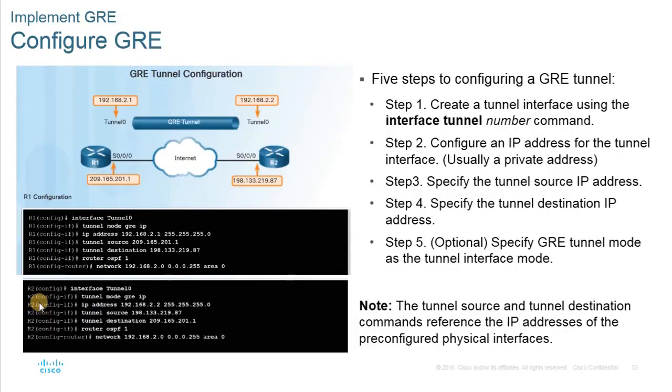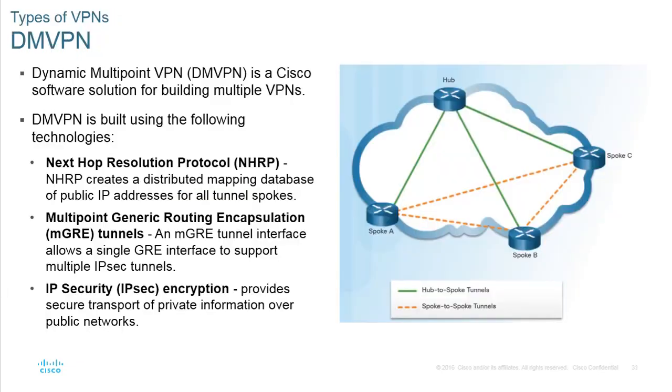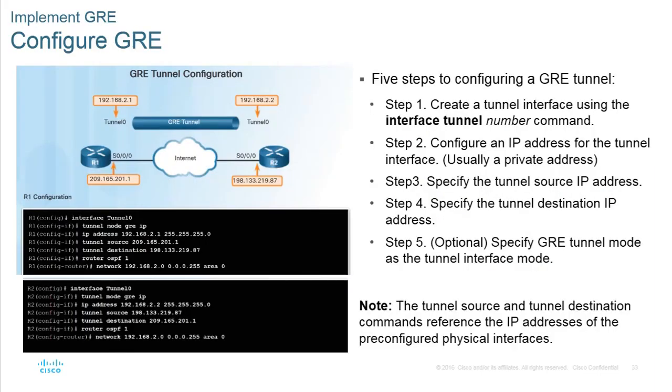So let us have an example of implementing GRE, generic routing encapsulation. As you can see, we have a figure depicted here. We have Router 1 connected to R2 by a GRE tunnel.